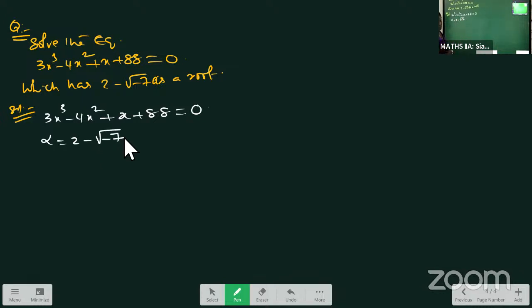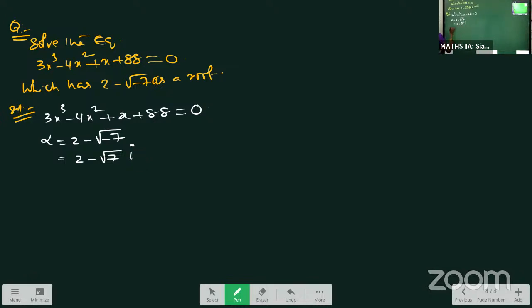But under the root there should not be a minus. Then we write this one as 2 minus root 7i, with the i written outside of the root. Please observe how I wrote that. Under root minus 7, to remove that minus, you have to write i outside of it.